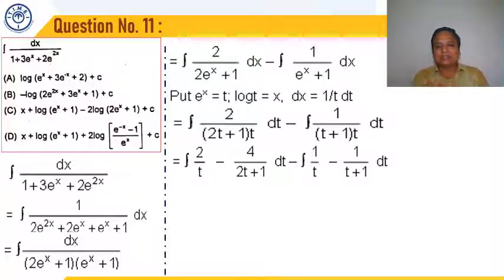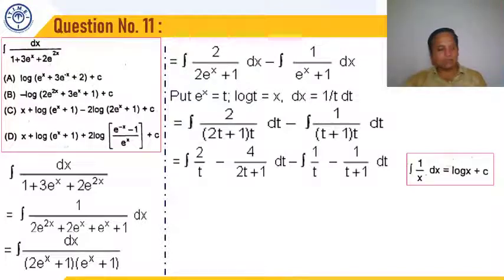Now these all directly come into the form of a formula that we can apply.